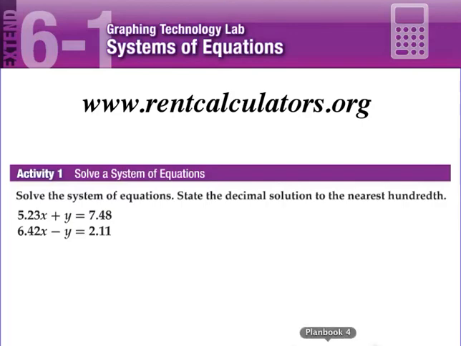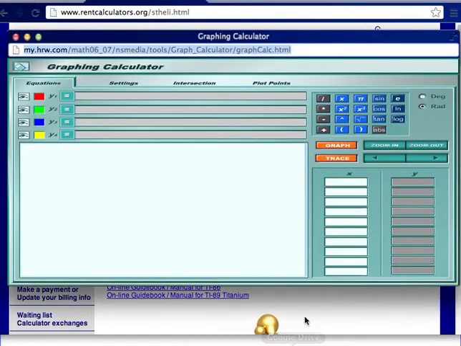And we're going to go ahead and go back to our free online graphing calculator. Now notice here, I've got 4 equations I can enter in. I'm just going to enter in the 2. And the big thing here we need to understand is they need to be y equals. So I'm going to need to adjust that first one. And so that first one I'm going to graph is y equals negative 5.23x plus 7.48. Because what did I have to do?